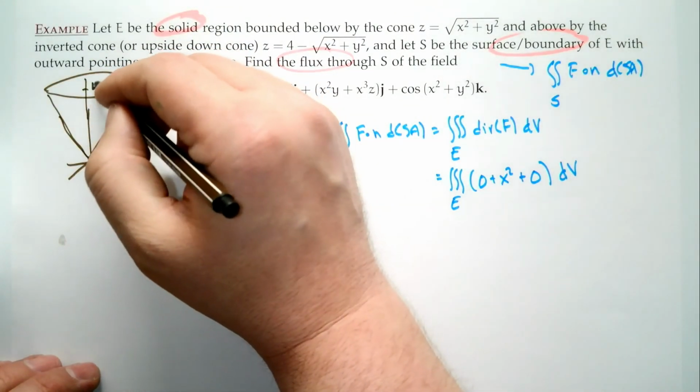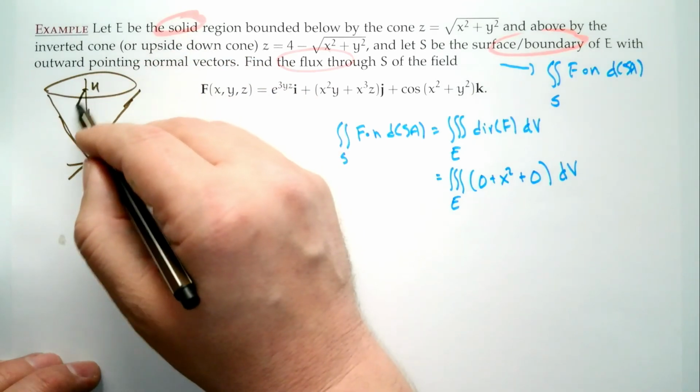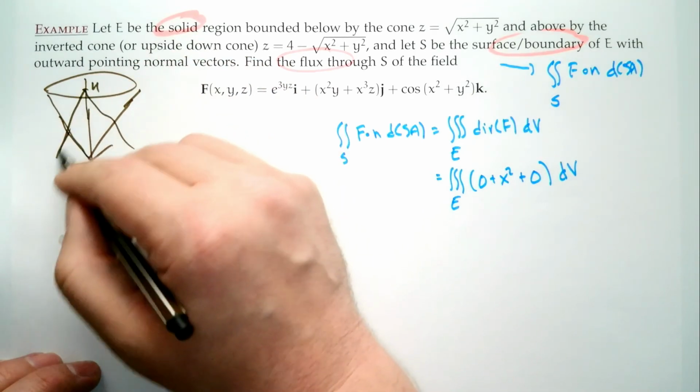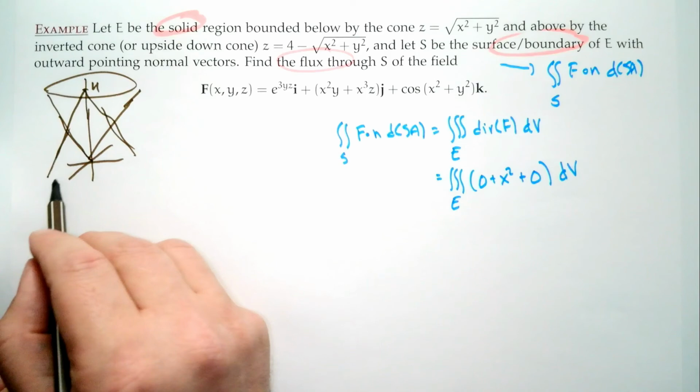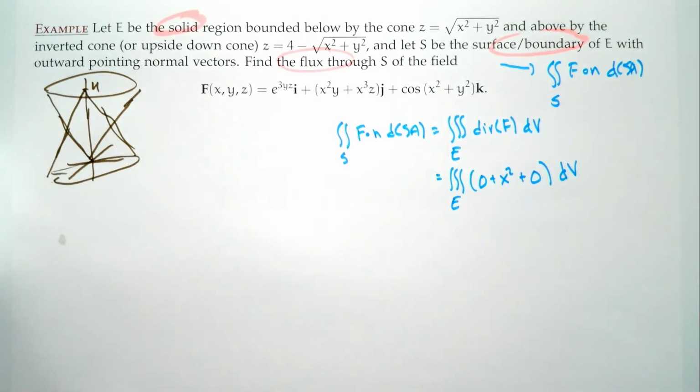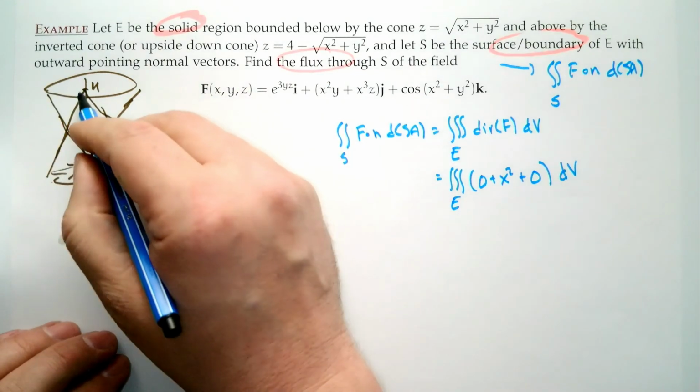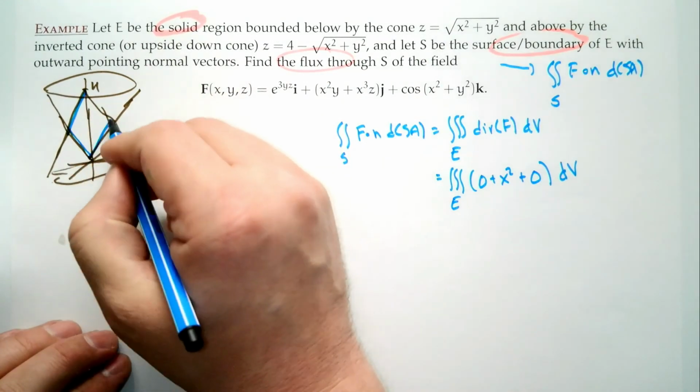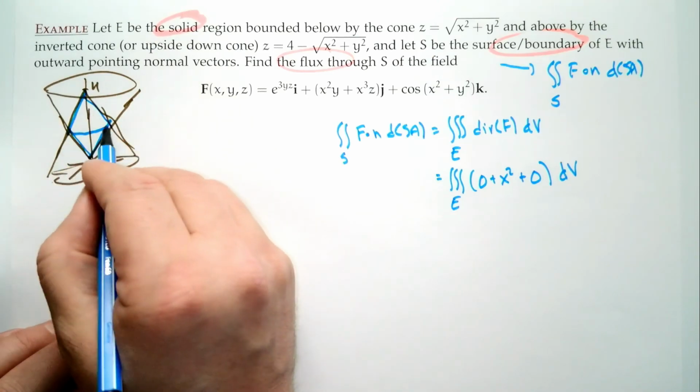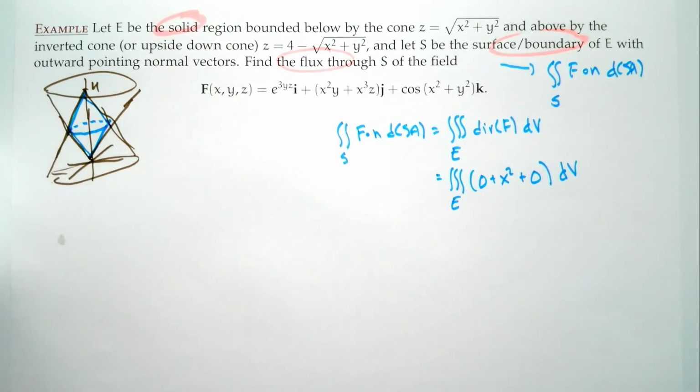So maybe let's say this is 4. And what's happening is this cone is going down. And what do we want? Well, we want the things which are sort of in between the two cones. So what we're going to end up with is this shape here. So that's our region.